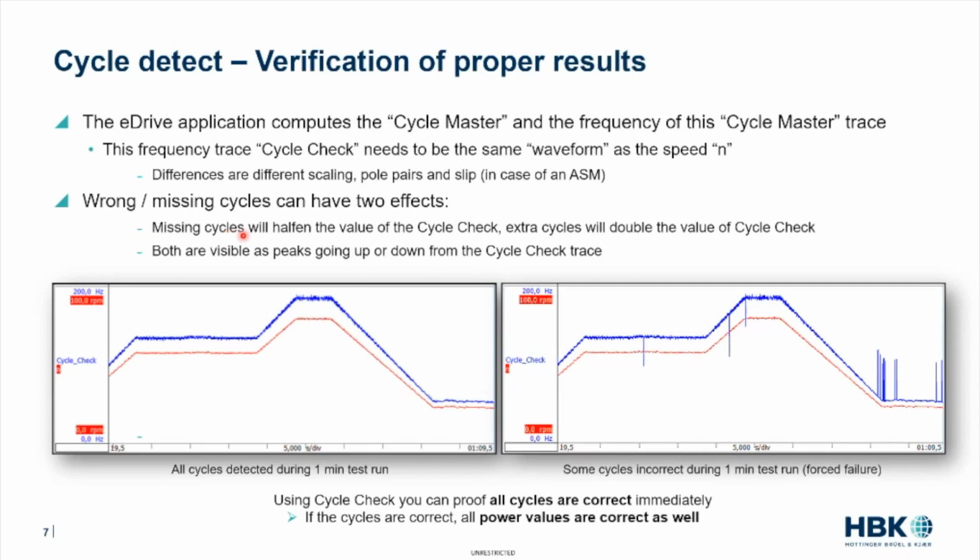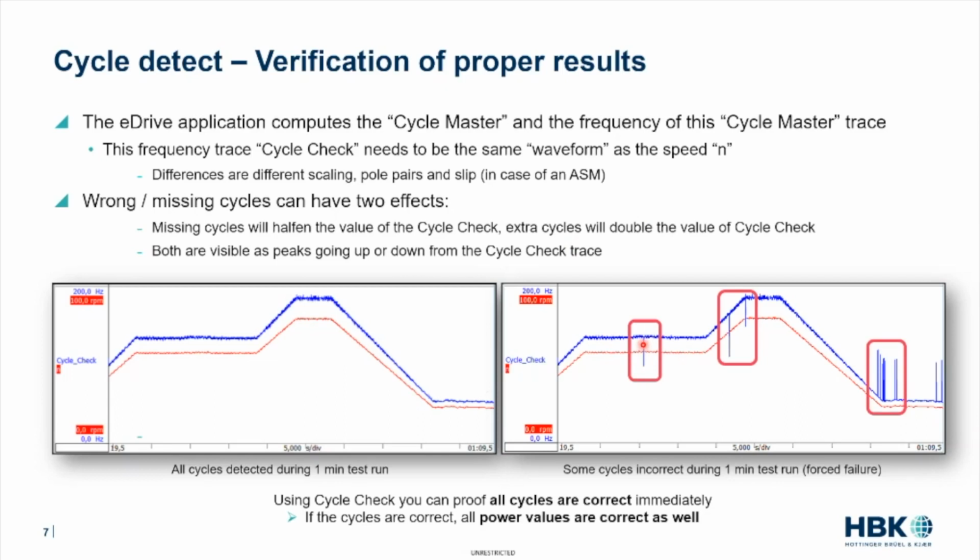As we calculate the frequency of the cycle master trace, a missing cycle will halve the value of this cycle check signal, and an extra cycle will double the value. And that means that such errors become immediately visible in the cycle check trace.